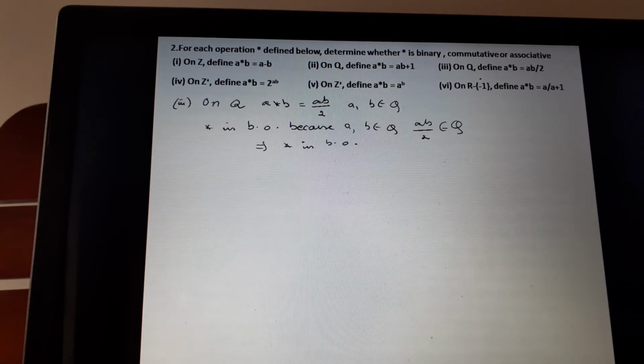Then we have to decide whether it is commutative. Yes, it is commutative because AB equals BA, but we have to write it. So the second one: star is commutative. We have to prove it in general.